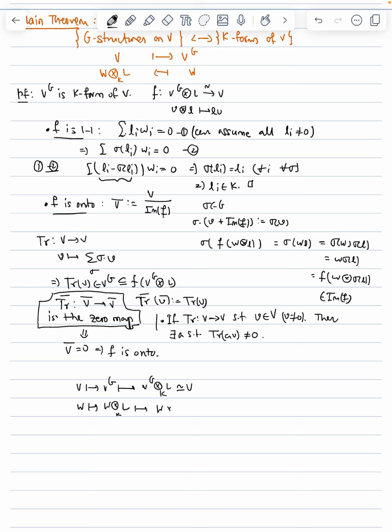So you can easily show that the fixed set is actually isomorphic to W tensor the fixed set of the Galois group of rings, which is just K. W is also what this is isomorphic to. So it's really easy to show that these maps are actually inverse of one another. So yeah, this shows these two sets are in bijection.